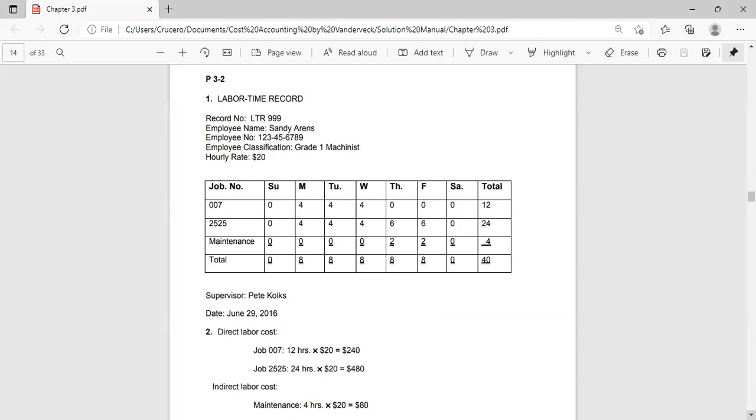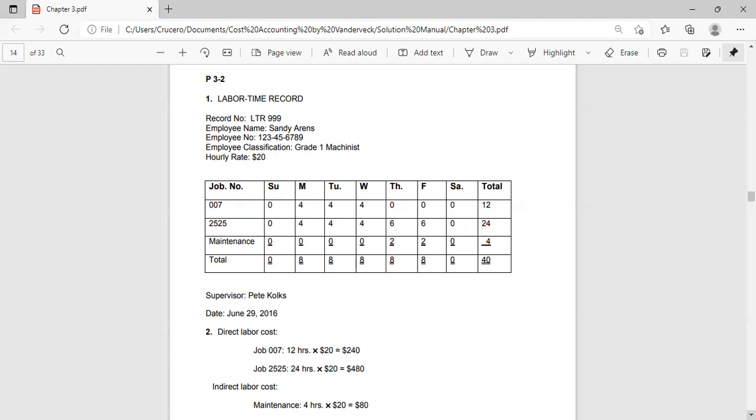Employee number 1, 2, 3, 4, 5, 6, 7, 8, 9 is a grade 1 machinist who earns $20 per hour. So that's the rate of the worker.